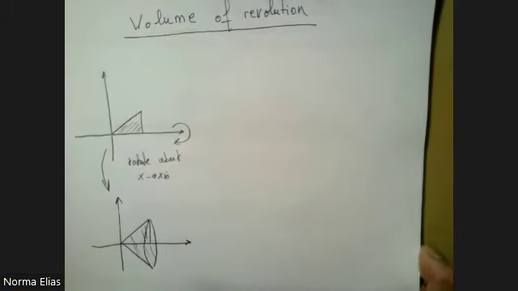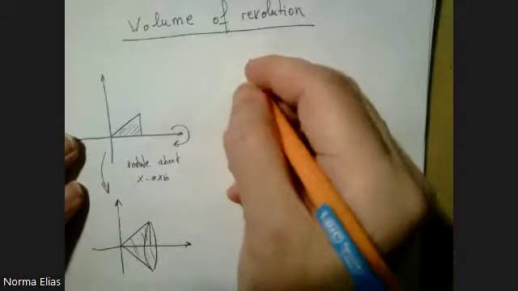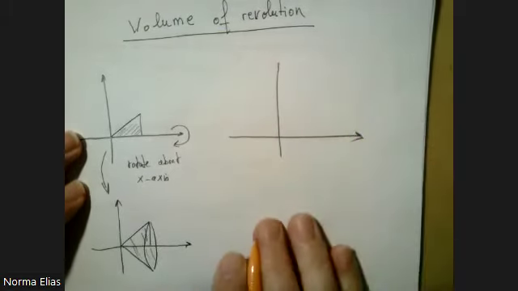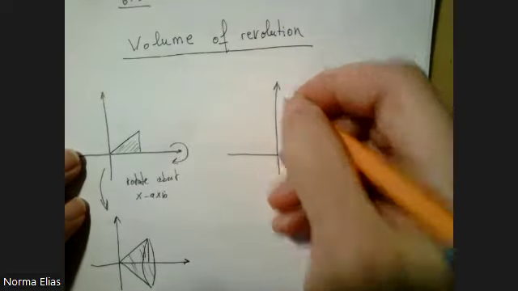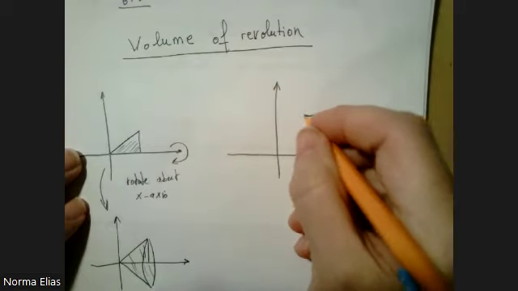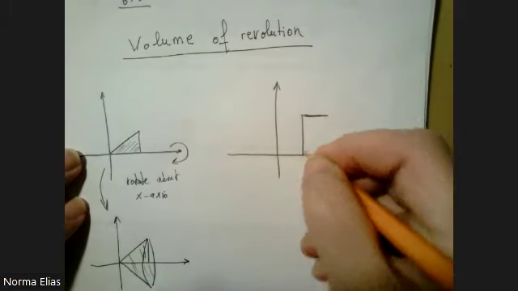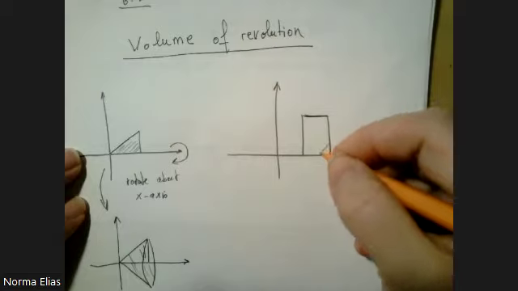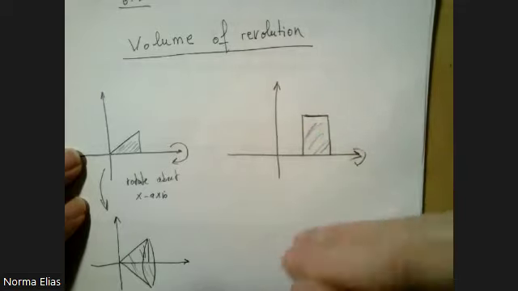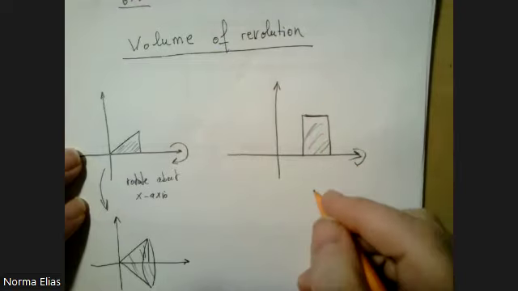Example number 2. Very simple region I'm going to give you. So all of you try to think about what you're getting. Let's say I take the following region. So this is a straight line here. So this is a rectangle. And I take this rectangle and I rotate it around the x-axis.